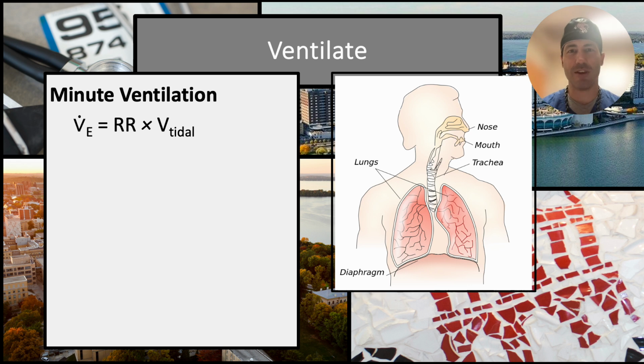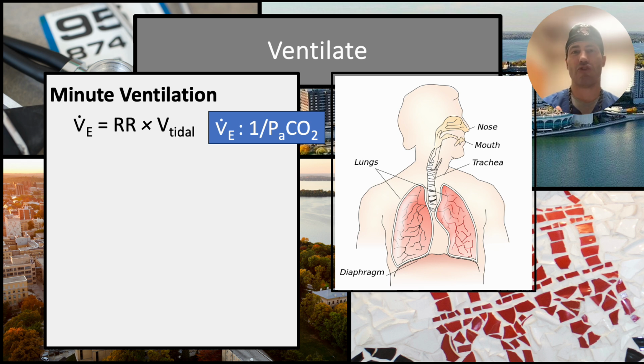It's nifty because if you can do this at the bedside, you can make rough guesses as to what changes in these things will do to your CO2. To understand that, we just know that the change in your minute ventilation has a direct association to the opposite change in your CO2. Let's use that from a practical perspective.